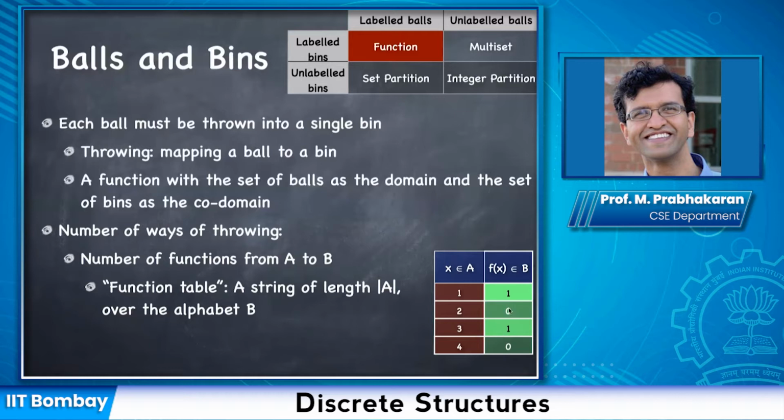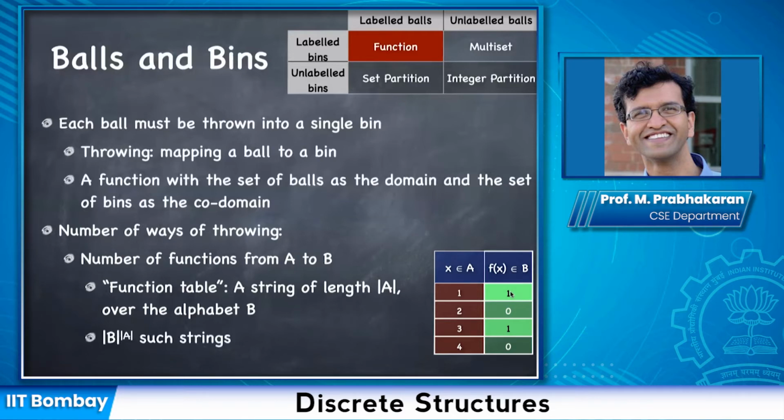Right, so in this example, perhaps the set B is the binary set 0 and 1, and there are 4 elements in A. So a 4-bit string specifies one function from A to B. So the total number of functions simply corresponds to the total number of such strings.